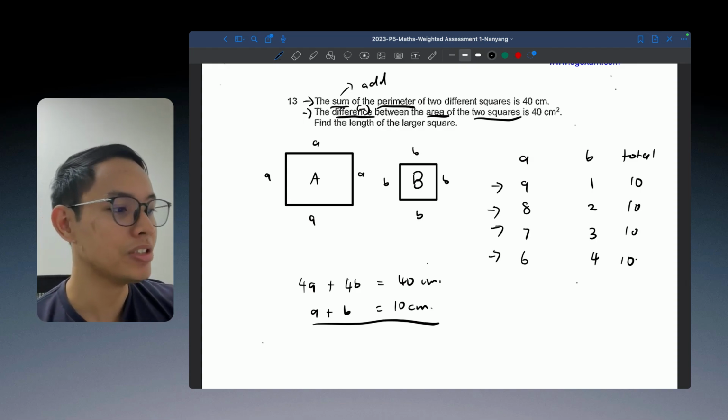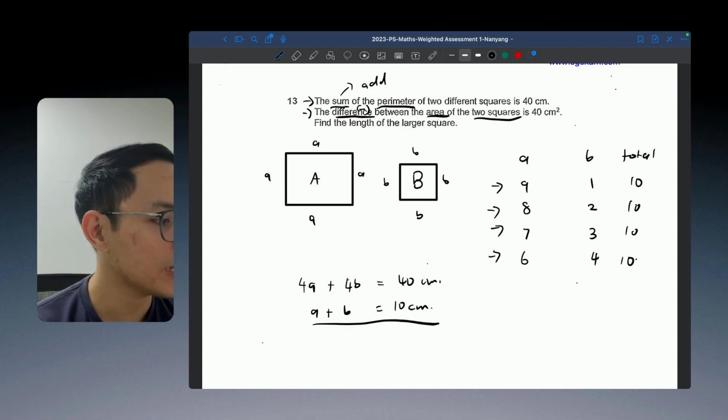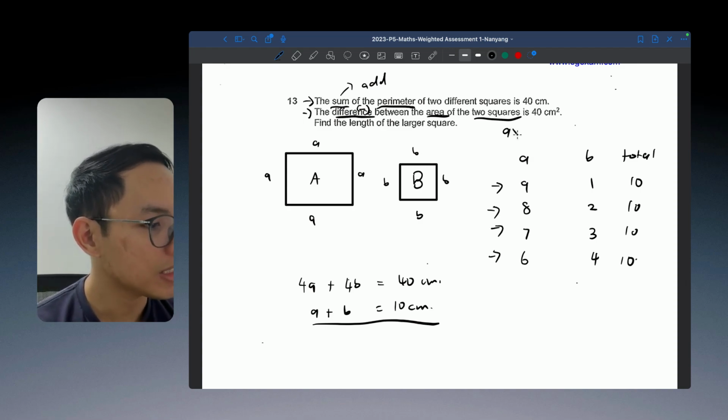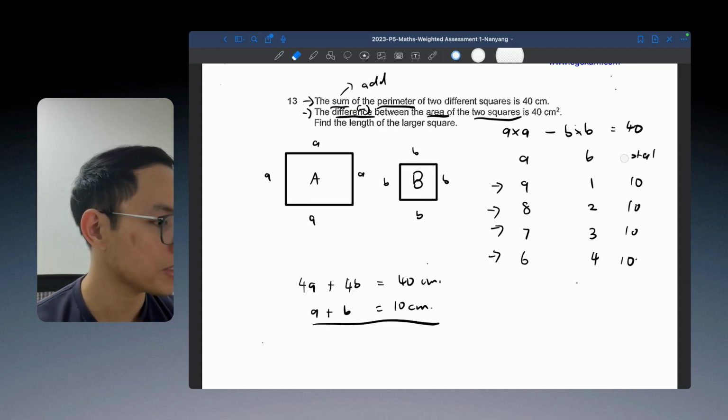The next part is to go through, in a way, trial and error. We know that A times A minus B times B is equal to 40. So we can remove this total, pretty straightforward.